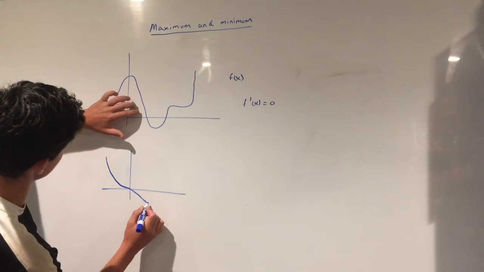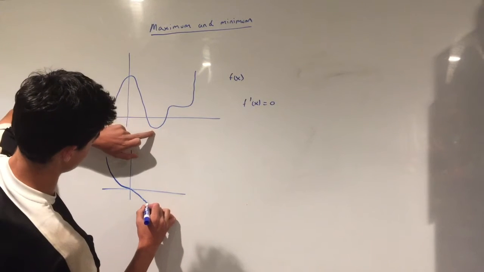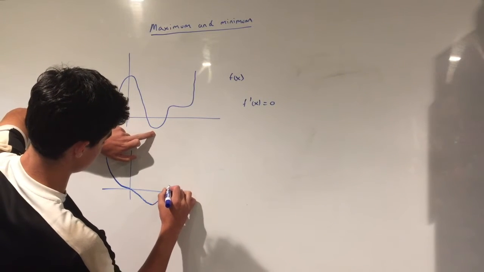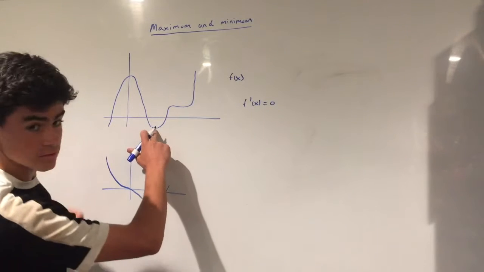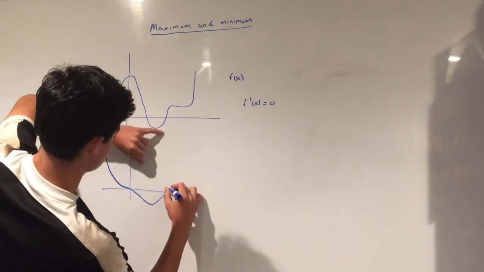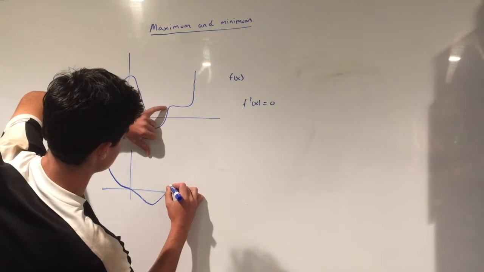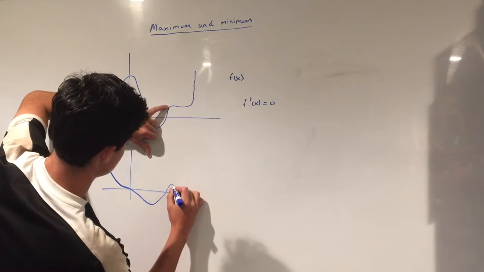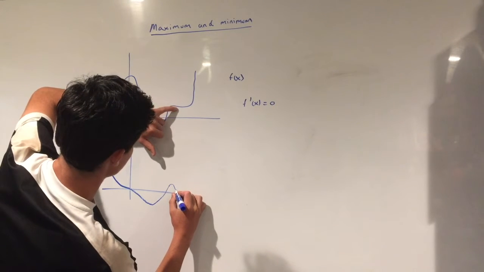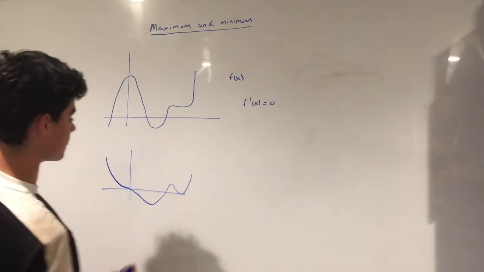Very negative. And then it starts to even out at this point right here. So we'll say it crosses back over at 0 because the slope right here is 0 as well. So there we go. So it starts increasing again. Positive, it's positive, it's positive. Now it starts to decrease. And then at this point it's going to be 0. Then there's a positive slope after, so it's going to go back up.